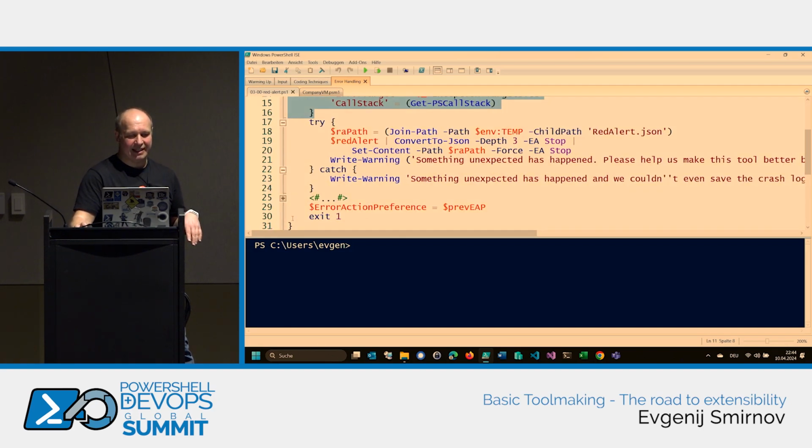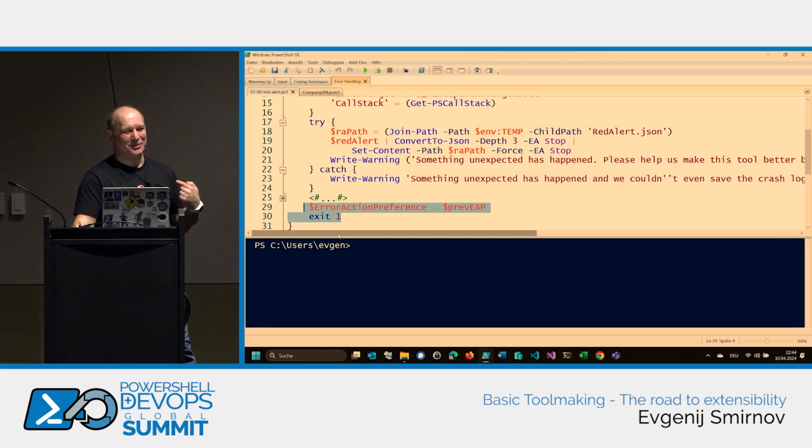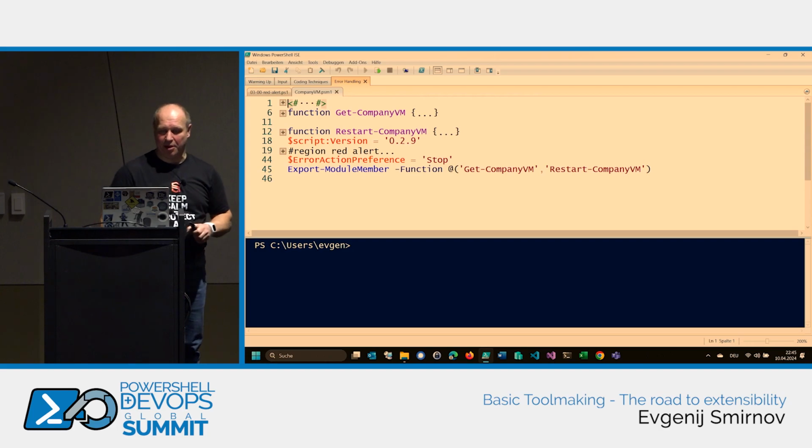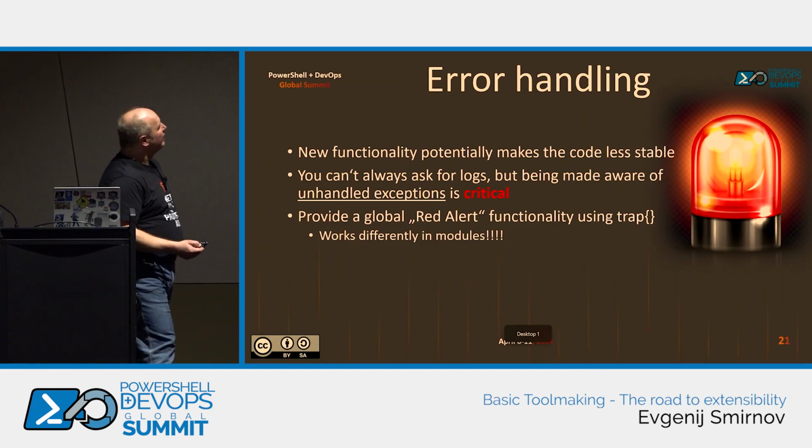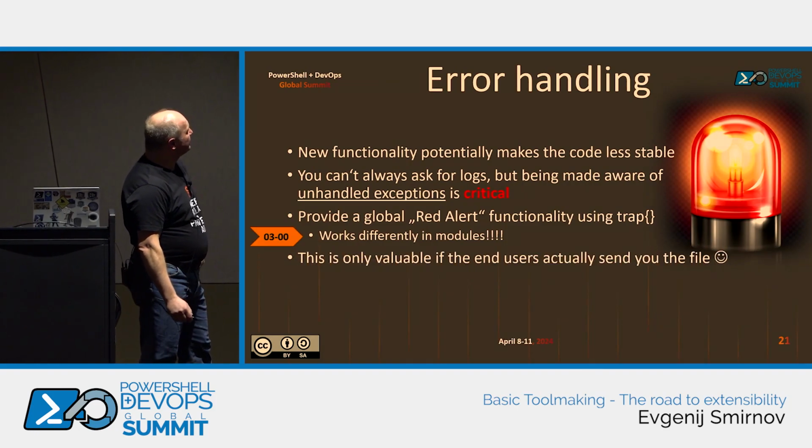And it cleans up the error action preference and exits with an error code, so that even other systems calling this script know that it hasn't worked out very well. It works slightly differently in modules. I will provide this code as well. You can look at how to do that in modules, but it's also possible.